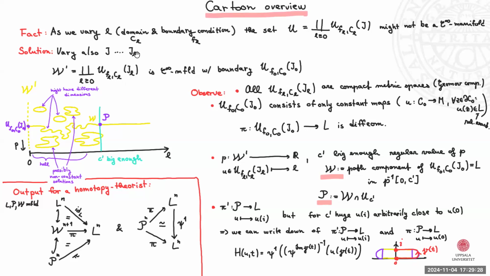But there is a price to pay, and that's varying the almost complex structure. What you can do is define this moduli space, where you collect all the moduli spaces you had along the way into one moduli space, and you parameterize it over the line like this. There you have a natural projection, which I'm going to call P here. At the start, you have this moduli space, which is called U F0, C0, J0.